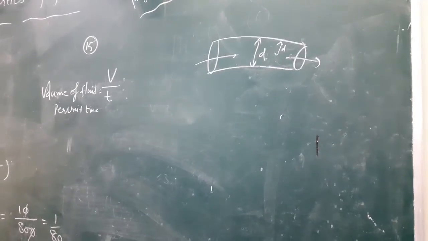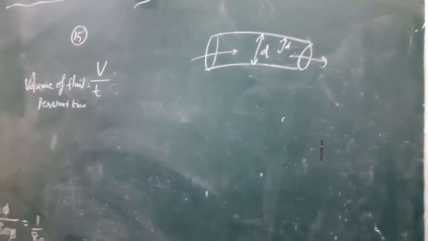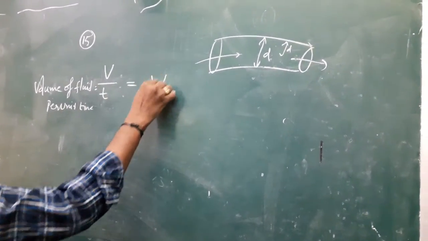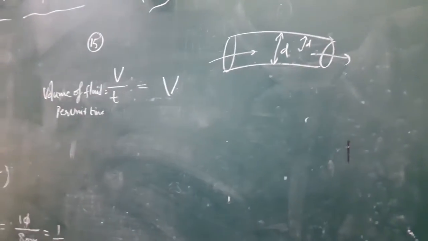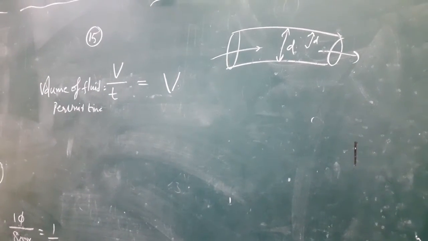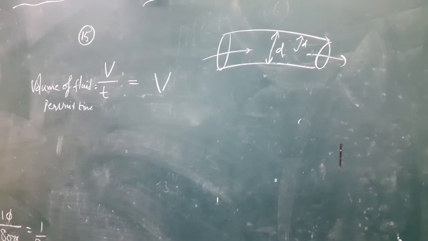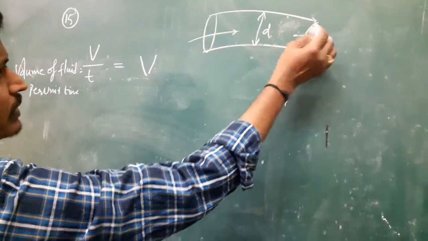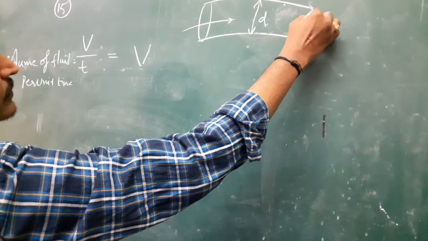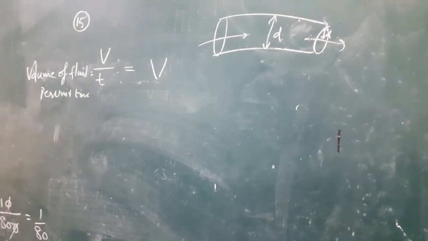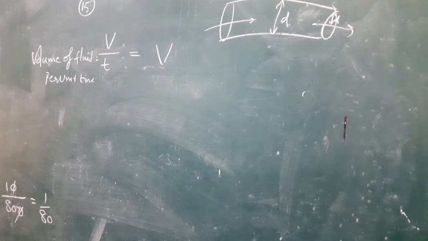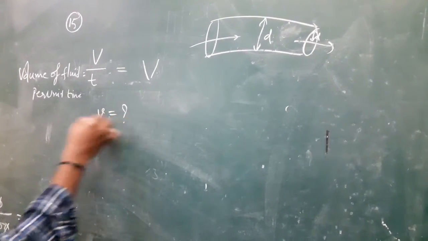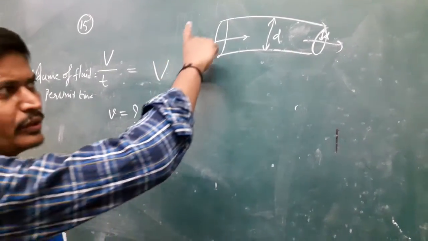The volume of fluid flow per unit time through a pipe of diameter D is V by T, mentioned as V. At a particular point the radius becomes D. Actually, it is not a uniform pipe.